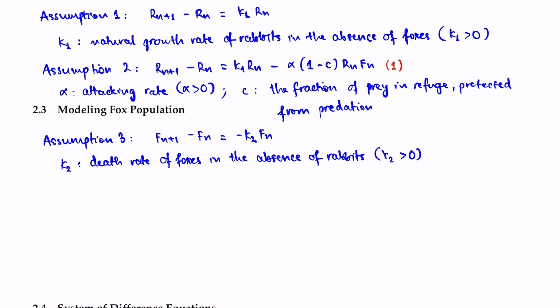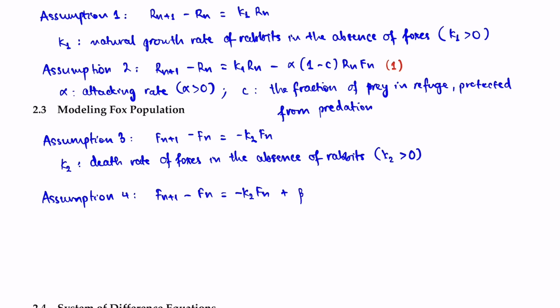Then we're going to move on to assumption 4. The fox population increases as the result of the interaction between rabbits and foxes. However, this interaction is limited due to refuges. So from assumption 4, you're going to modify the initial equation, F sub n plus 1 minus F sub n equals negative k2 times F sub n. The population of foxes will increase due to the interaction between rabbits and foxes, so you add beta times R sub n times F sub n.